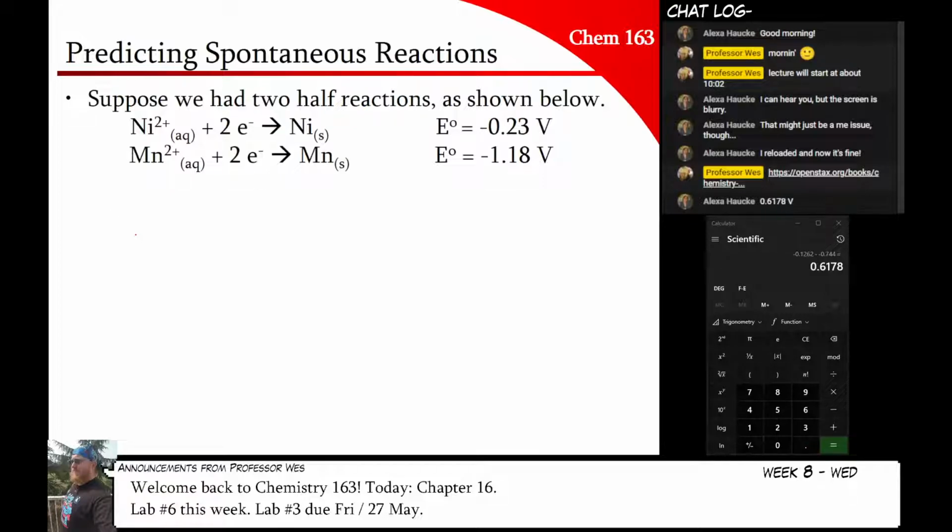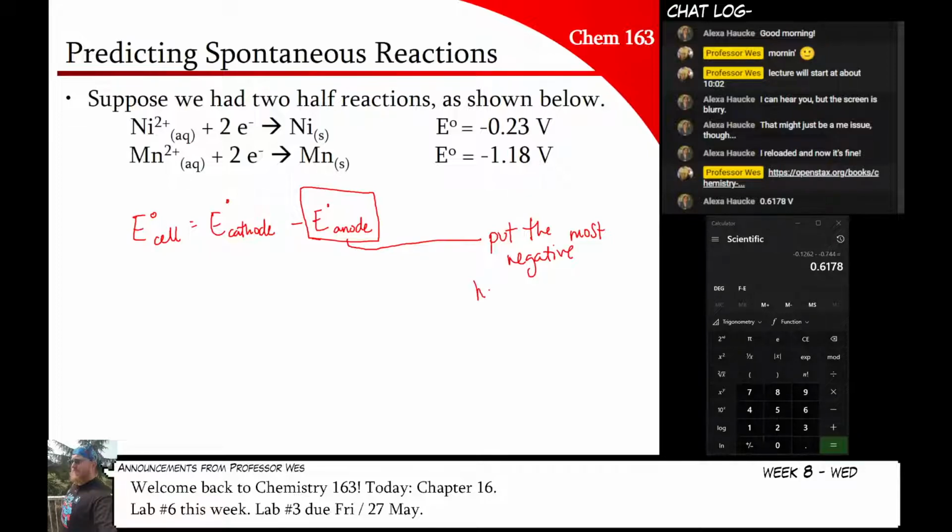Well, remember that the equation is this, right? And the anode, since we're subtracting the anode, whichever of your half cells is more negative, put it in the anode.